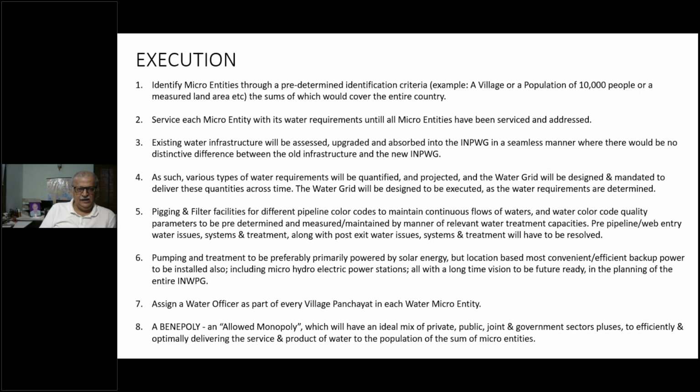Pre-pipeline entry water issues, systems and treatment, along with post-exit water issues, systems and treatment will have to be determined and resolved. Pumping and treatment to be preferably primarily powered by solar energy, but location-based, most convenient, efficient backup power to be installed also, including micro hydroelectric power stations.